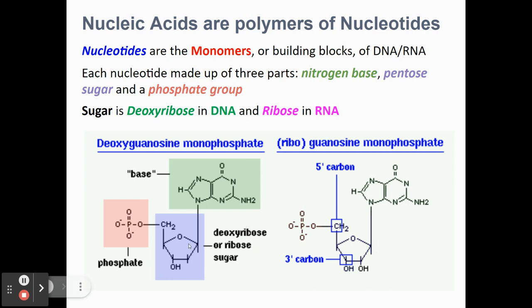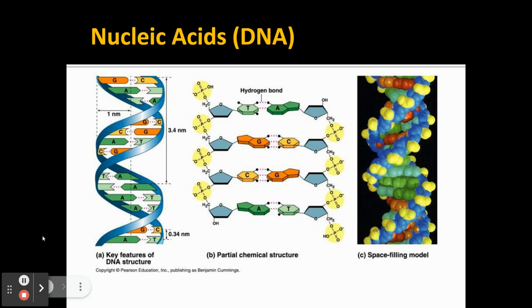And de- means to take away. If you notice, there are 2 hydroxyl groups on ribose, and there's only 1 hydroxyl group on deoxyribose, because 1 was taken away. That's what that word deoxyribose means, take away one of those hydroxyls.